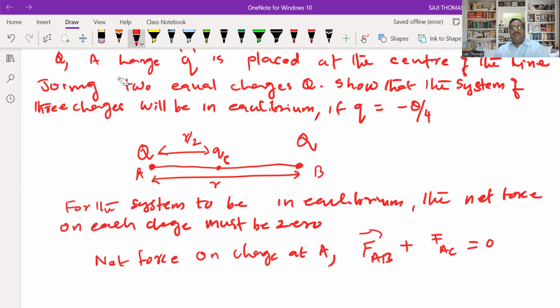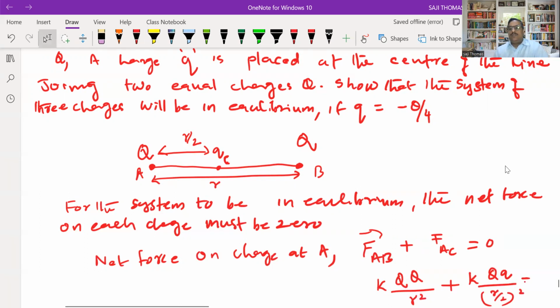So I am putting the value of FAB: K times the charge on A, which is capital Q, times the charge on B, capital Q, divided by R square, plus FAC, the force between A and C: K times the charge on A, Q, times the charge at the center C, small q, divided by the distance R/2 square. That must be 0.